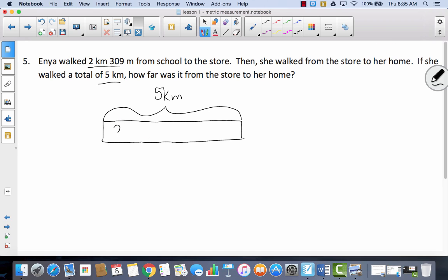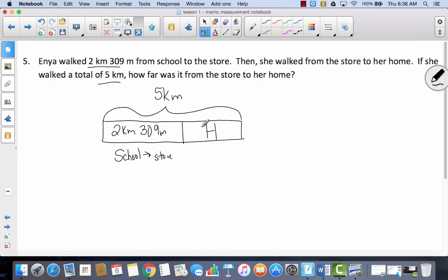We know that it's 2 kilometers, 309 meters, and this is from school to the store. We're trying to figure out how far it is from the store home. So I'm going to call this H for home. So I know the total and I know a part. How can I find the missing part?